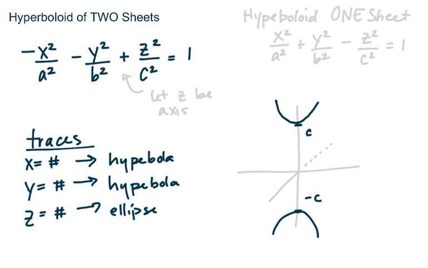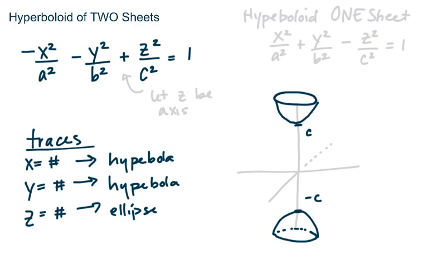That's going to be both of those hyperbolas, creating this bowl shape. And we end up with these 2 bowls that have an ellipse or a circle as their opening. All right, so that's what a hyperboloid of 2 sheets looks like.